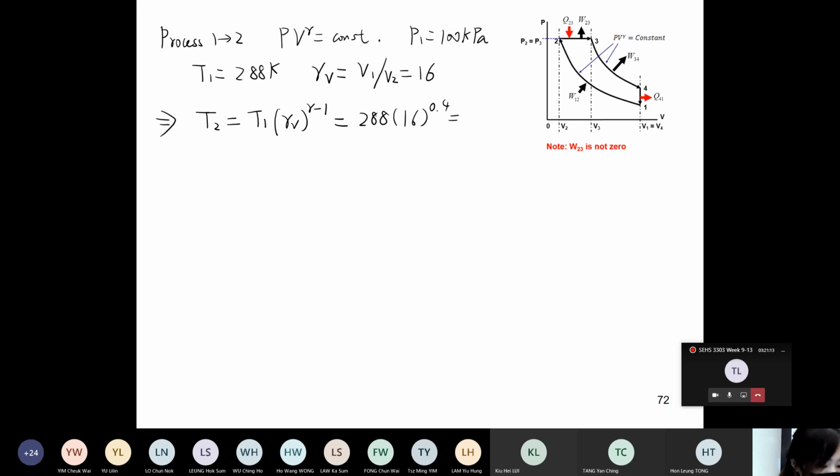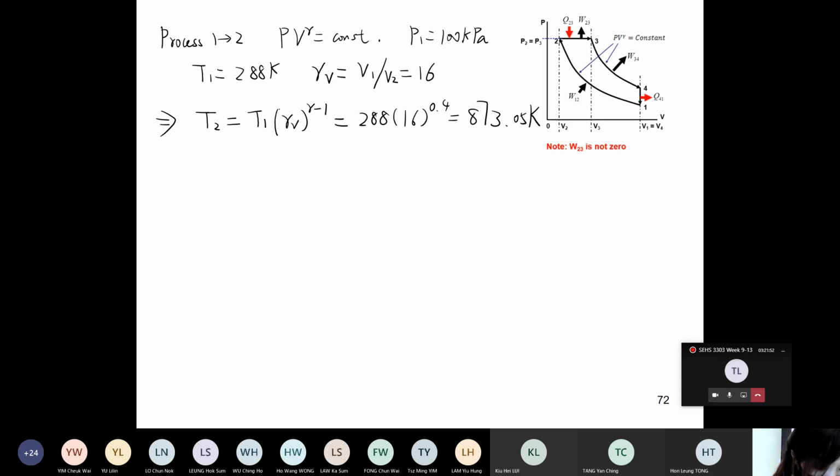What's the number? What's the value? 873. Yeah, good. K. Pay attention, K. We use absolute temperature throughout the whole process of the solution.